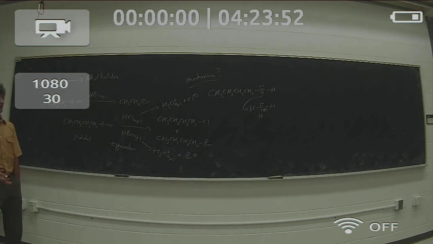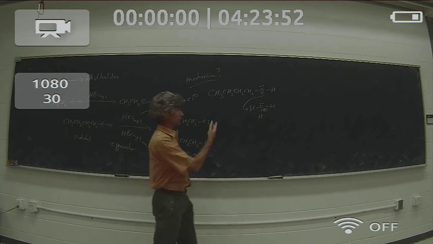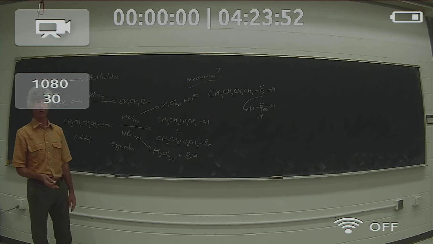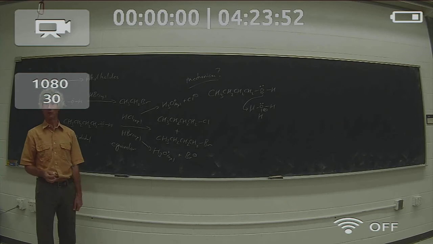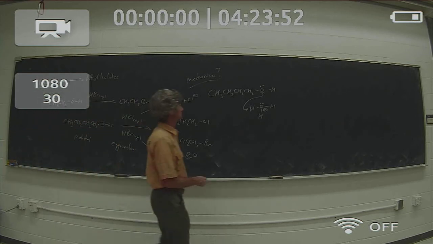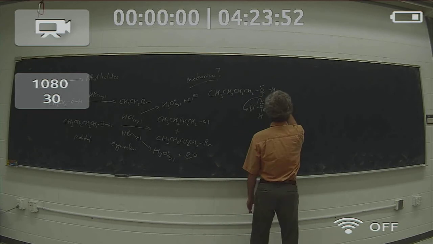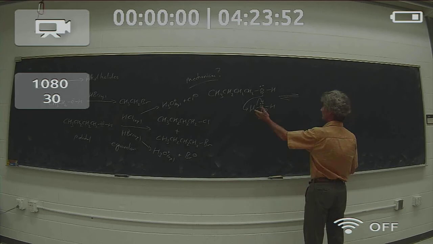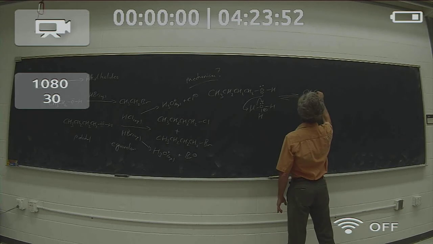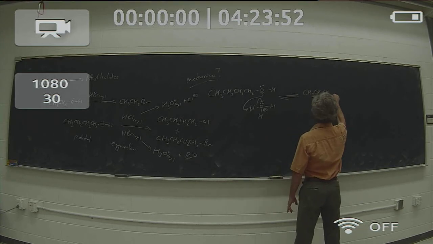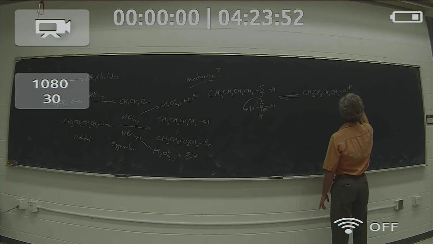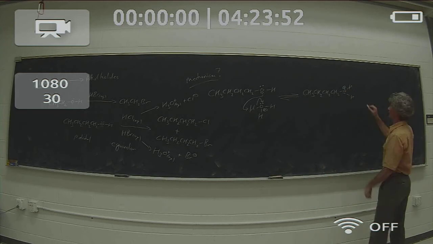So the source of acid in this case is the hydronium ion, which is the strongest acid that can actually exist in water. Any acid that's stronger than hydronium ion is immediately going to protonate water to form hydronium ion. This equilibrium constant will be very similar to 1 because the protonated alkyl oxonium ion is expected to have a pKa very similar to hydronium ion.